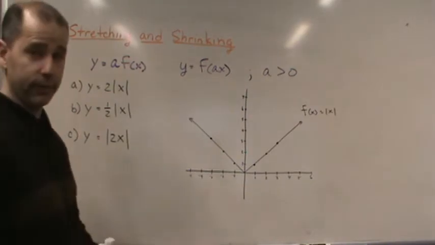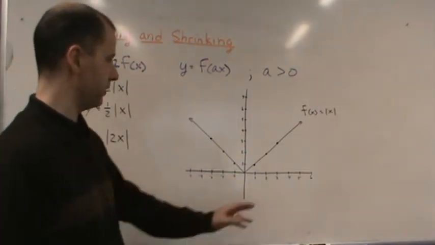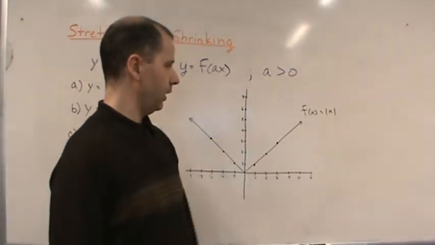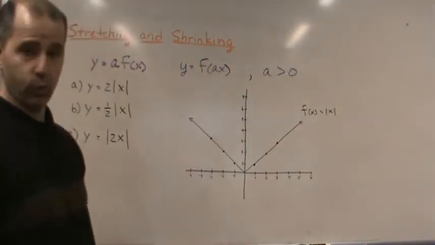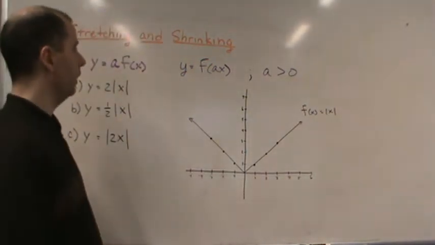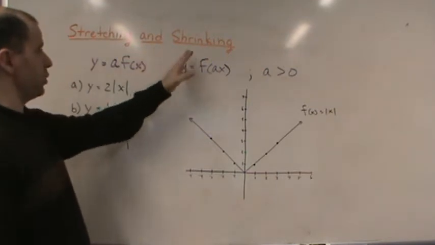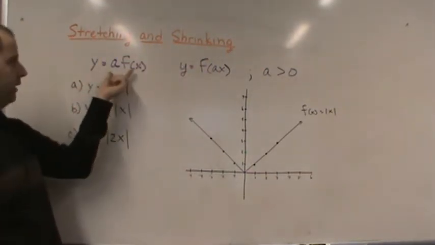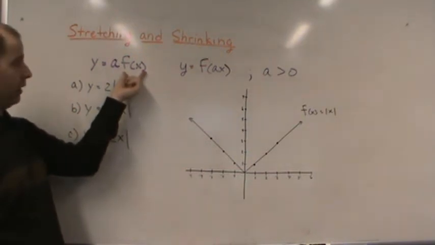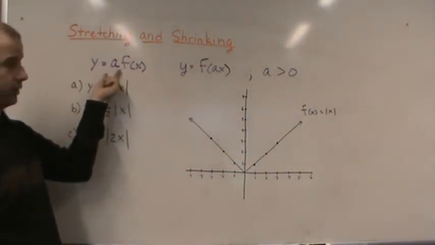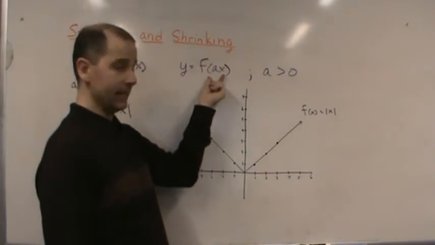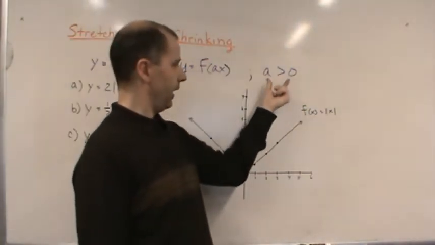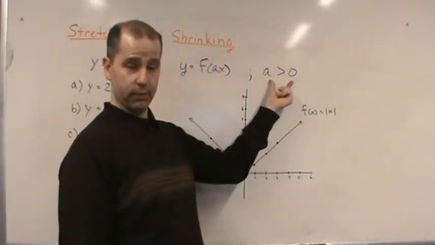So I've graphed the absolute value function, so this is f of x equal to the absolute value of x. This is one of our basic functions. We're going to talk about stretching and shrinking, and what we mean by this is we're going to be multiplying a function either on the outside or on the inside of the function, and a is going to be positive.